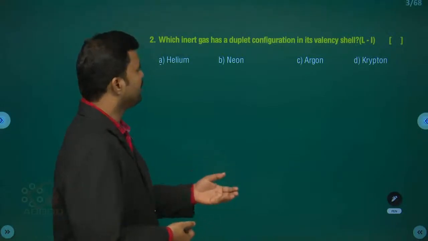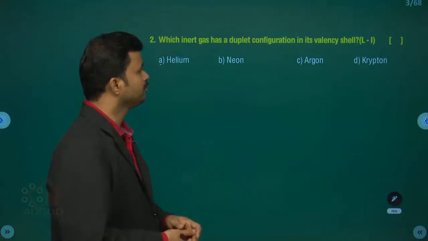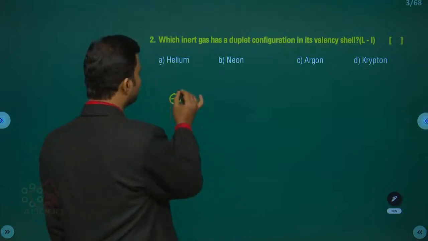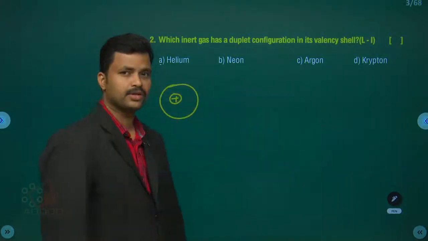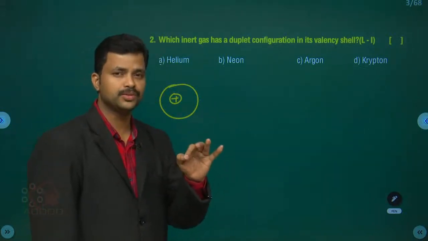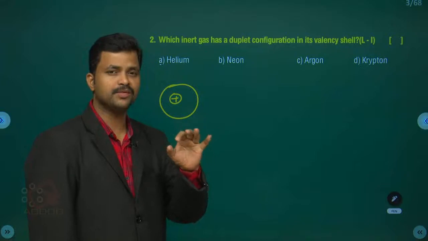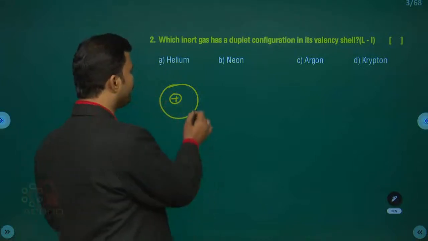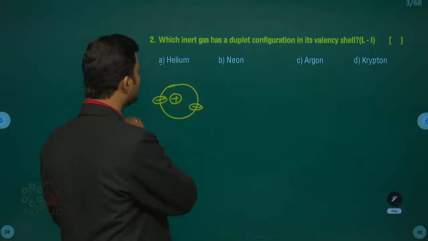Which inert gas has a duplet configuration in its valence shell, the last orbit? Helium, atomic number 2. It is a first period element. The number of periods equals the number of orbits. Helium has only one orbit, with 2 electrons.